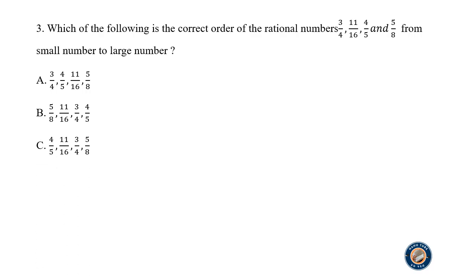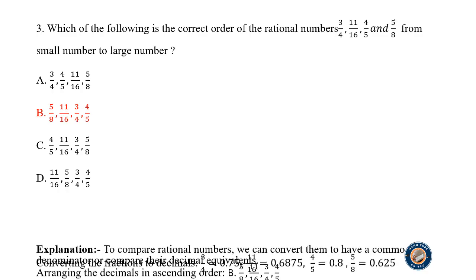C. 4 over 5, 11 over 16, 3 over 4, 5 over 8. D. 11 over 16, 5 over 8, 3 over 4, 4 over 5. The answer will be 5 over 8, 11 over 16, 3 over 4, and 4 over 5.